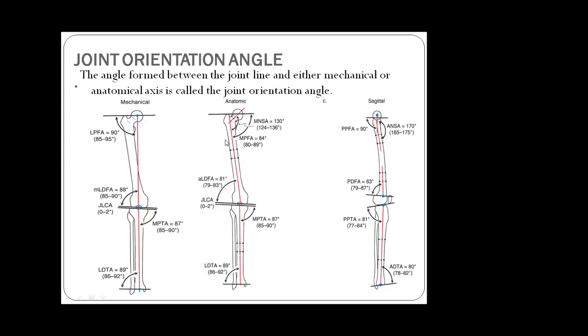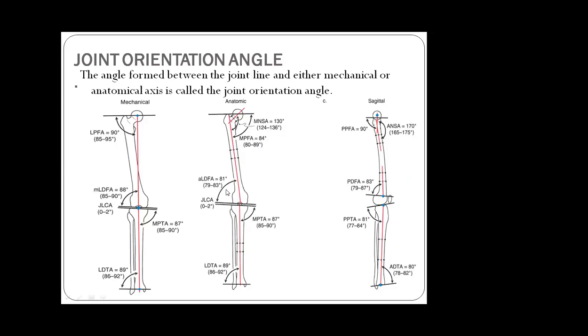Now, similarly, the anatomical axis of the lower limb is by joining the mid diaphyseal line of the femur and the mid diaphyseal line of the tibia, as you can see in the center figure. Similarly we have to draw the joint orientation lines, at the hip joint, two at the knee joint, and one at the ankle joint, and we will get the angles. So medial proximal femoral angle will be 84.